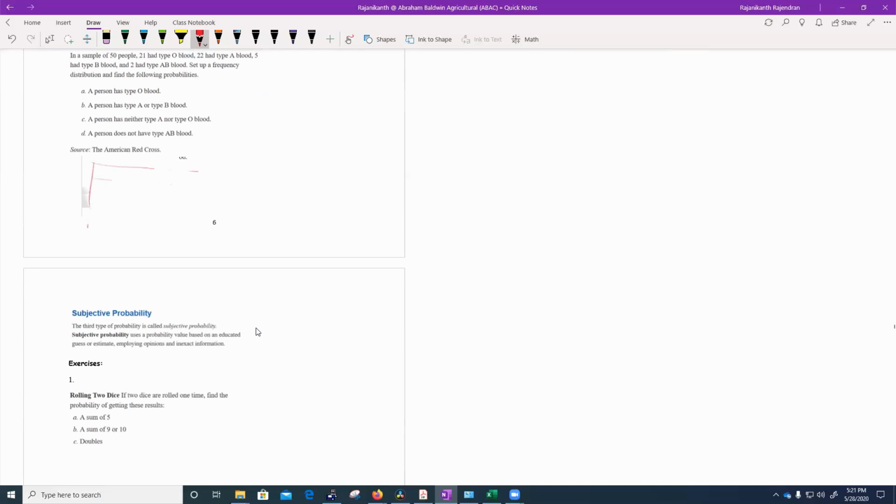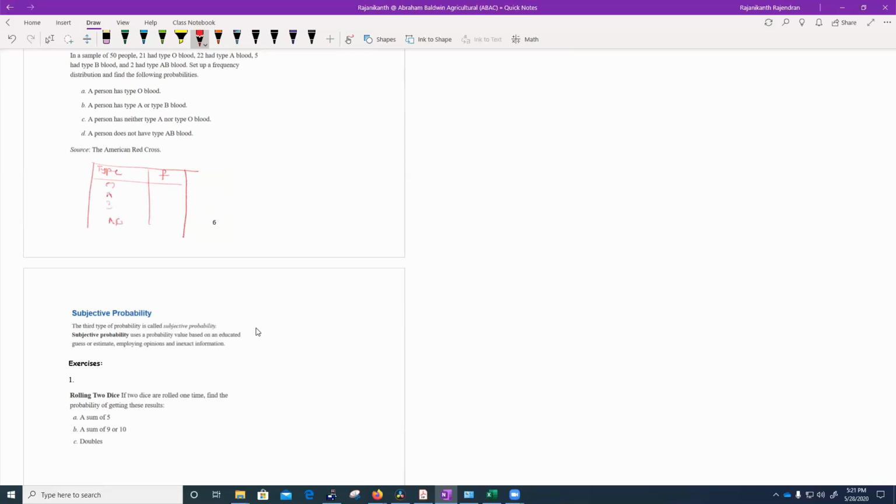Okay, so now this is blood type. This is corresponding frequency. Okay, what are the possible types we have? We have type O blood, A, B, and AB. Okay, so now for each corresponding type, we look at how many people are there.